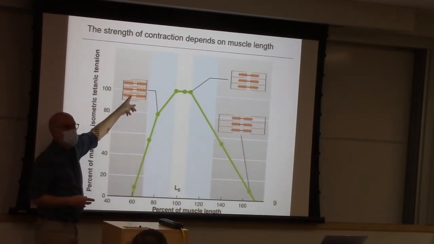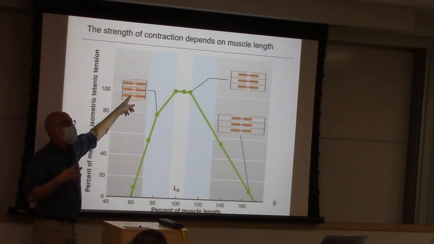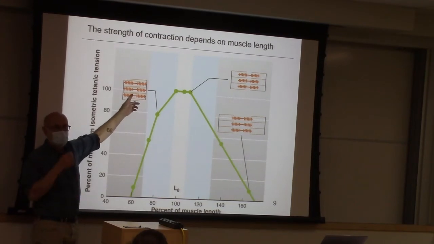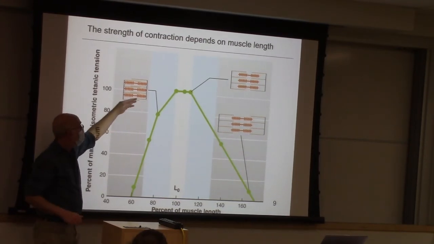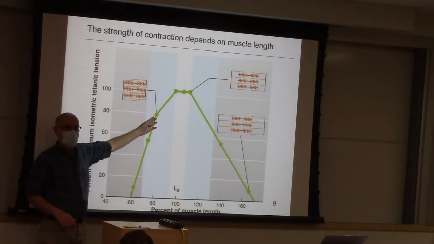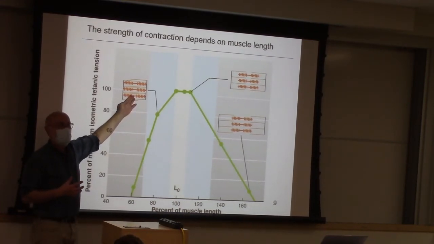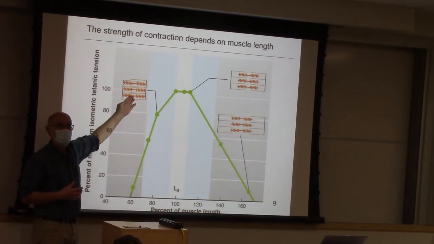The head groups of the thick filaments are not perfectly situated for interacting with thin filaments, and the thin filaments are actually getting in each other's way. And so there is less force when you have a less than perfect overlap of thick and thin filaments.